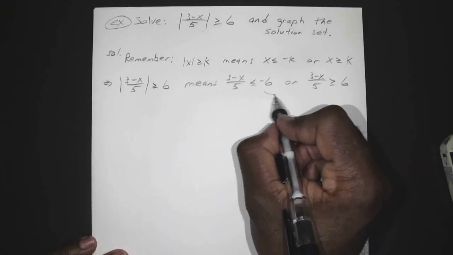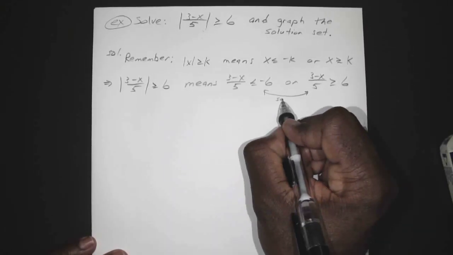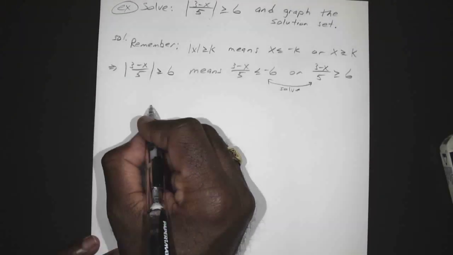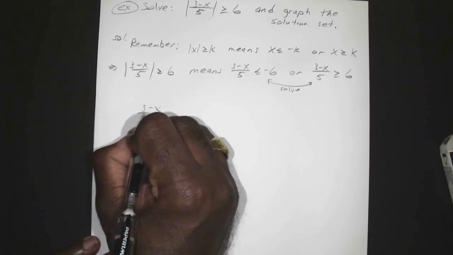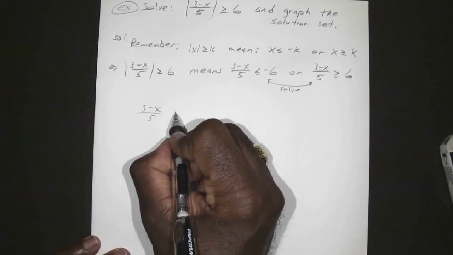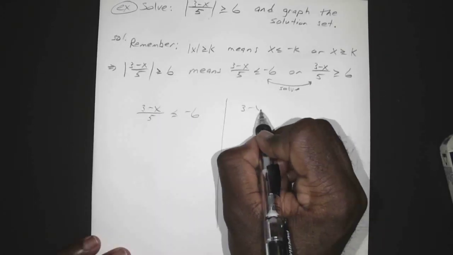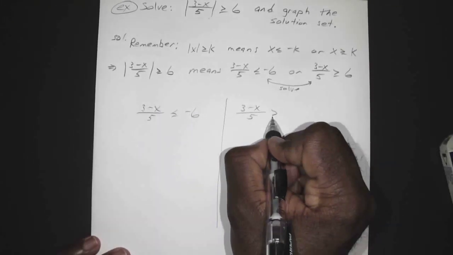Okay, so now we just go ahead and solve both. So we have our 3 minus x over 5 less than or equal to negative 6, and 3 minus x over 5 is greater than or equal to 6.